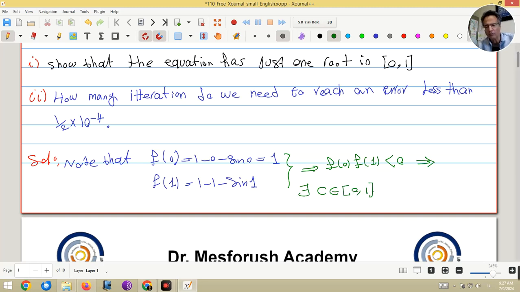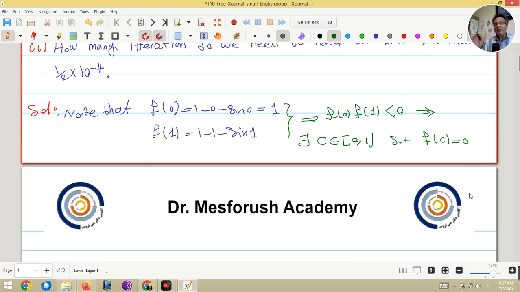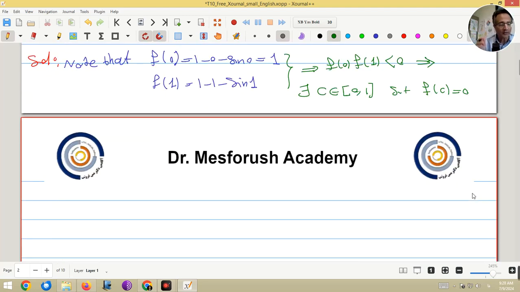It should of course be open because at 0 and 1 the function is not 0, but if you write closed it's not a problem. So there exists a c in this interval such that f at this point is 0. Now we have to show that this c is unique.